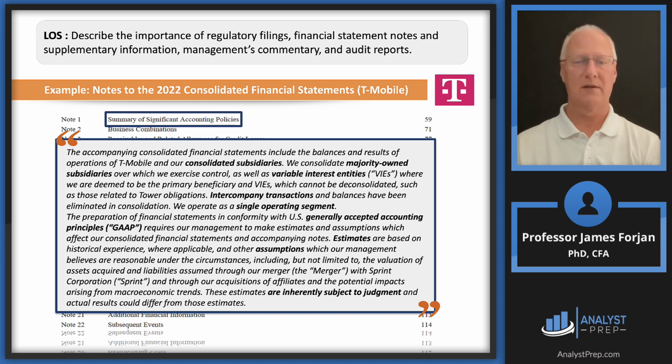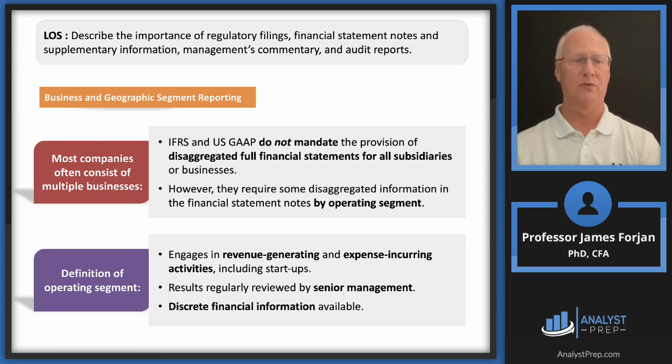There's a segment, there's US GAAP, there's estimates and assumptions. Notice what we did is we bolded some of those key words that might be a signal to you in the question stem that says something like, hey, which of the following ought to go in the notes? And if you read something about estimates or assumptions or subject to judgment, that goes into the notes.